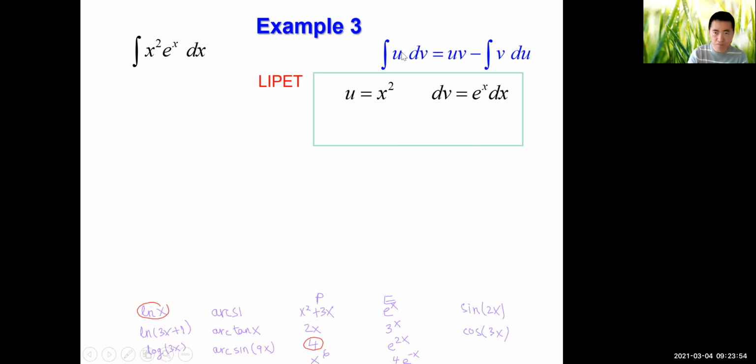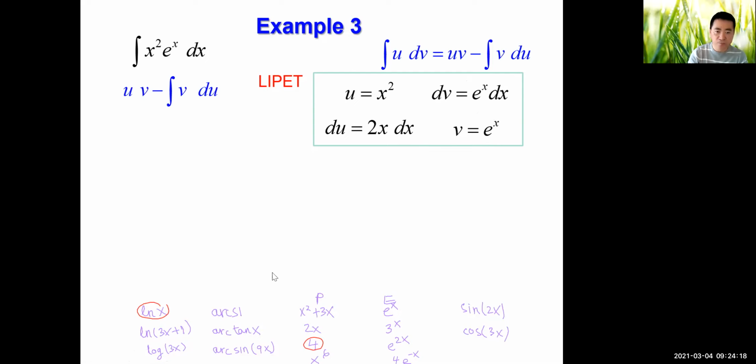We have 2 parts. Once again, for the u, you need to find du, the derivative, which is 2x. For the dv, you're going to find the entire antiderivative. The antiderivative of e to the x is e to the x. So v turned out to be e to the x, the same.